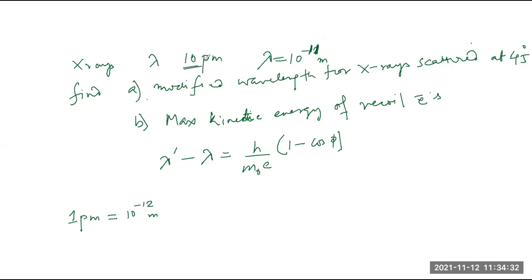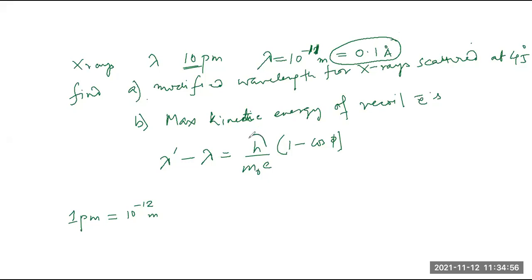So 10 picometer implies the wavelength is 10 to the power of minus 11 meter. That is equal to 0.1 angstrom. Am I right? Yes, sir. So the wavelength lambda is given as 0.1 angstrom.